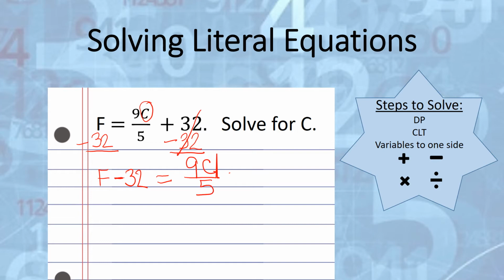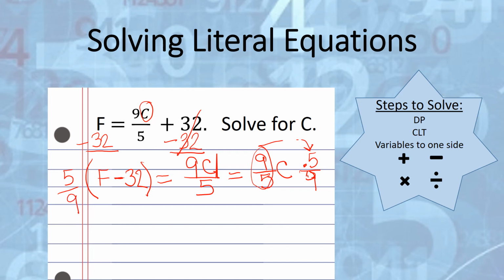I'm going to rewrite that slightly to 9/5 C. Our next step is looking at what's being multiplied or divided. Well, here we are multiplying by 9 and dividing by 5. So I could do the opposite and I could multiply by 5 and divide by 9. If you notice, I'm multiplying by the reciprocal of this fraction, and that will cancel it out, so I have C by itself. So I'm going to take this side and multiply it by 5/9.